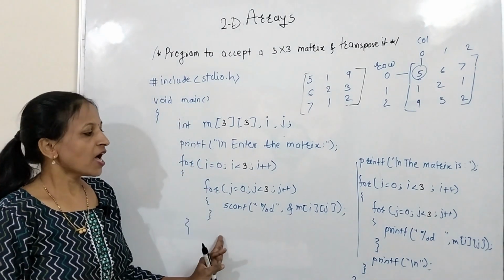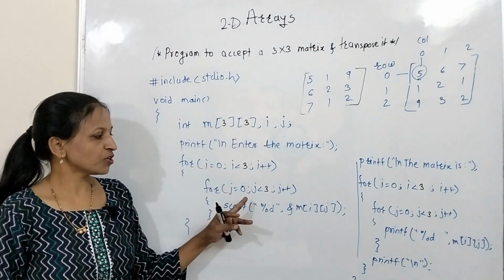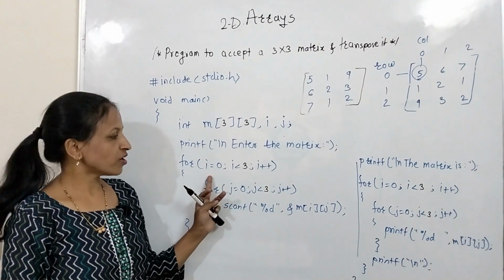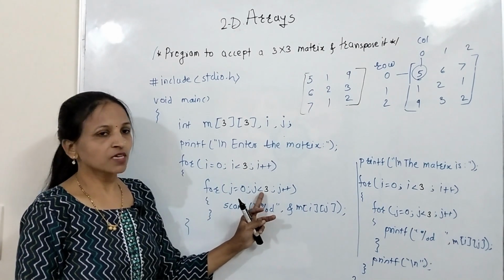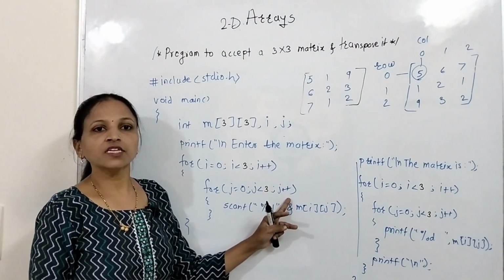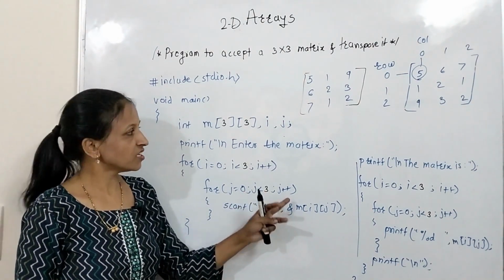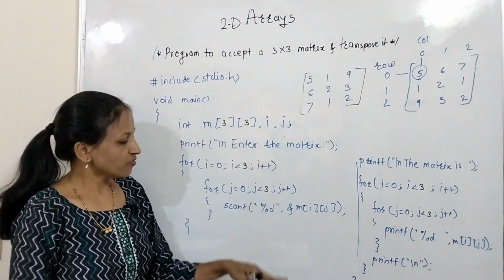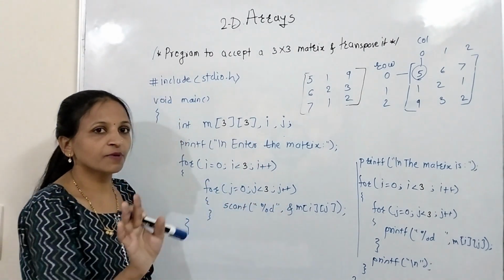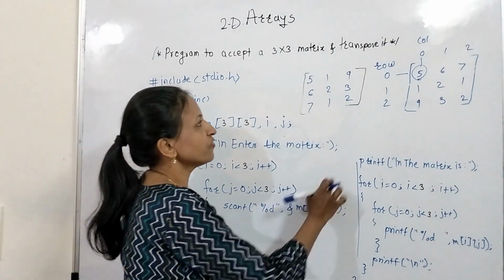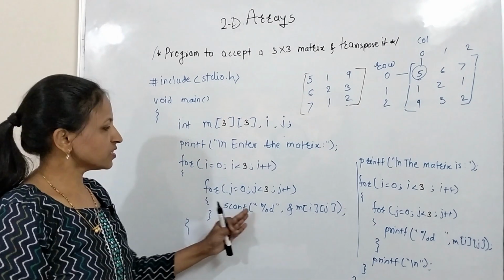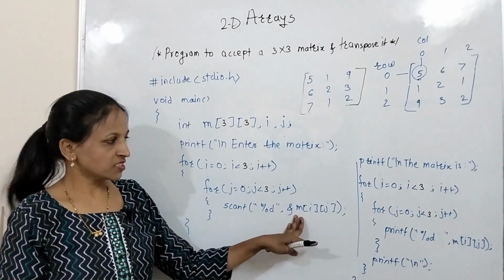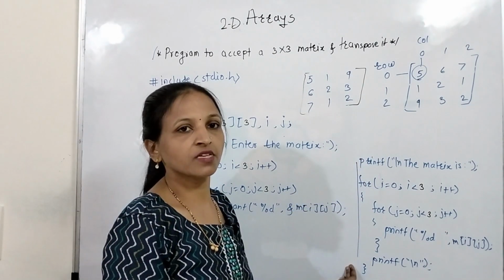Then we have to accept the matrix, that's why I have put two loops, like for i equals 0, i less than 3, i plus plus. Then the same thing for columns, j equals 0, j less than 3, j plus plus. Here I am considering a 3 by 3 matrix, and we accept each individual element of that matrix, that is m of i j, 0 0, 0 1, 0 2.